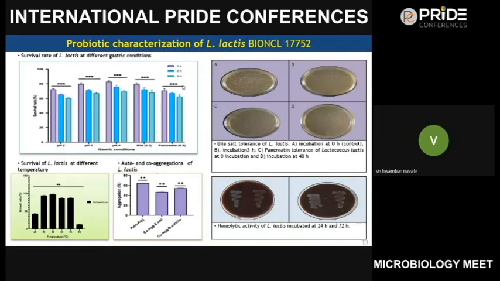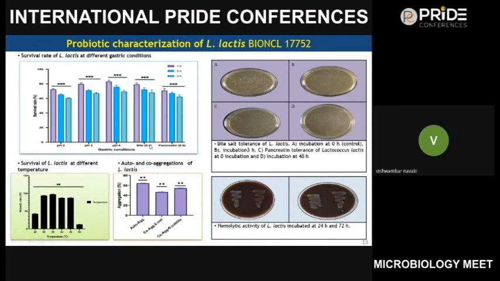Further, we checked the probiotic characterization of this Lactococcus species. We checked probiotic characteristics like survivability under low pH and gastric conditions, and we found that it survives at low pH, 2 to 4, with survivability of around 75 to 78%.